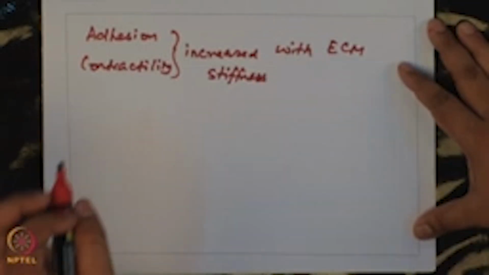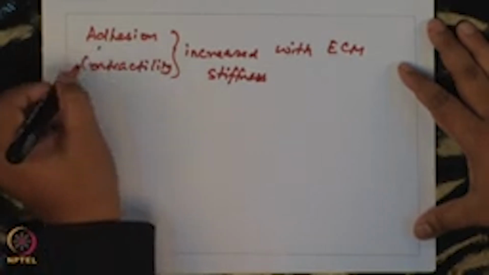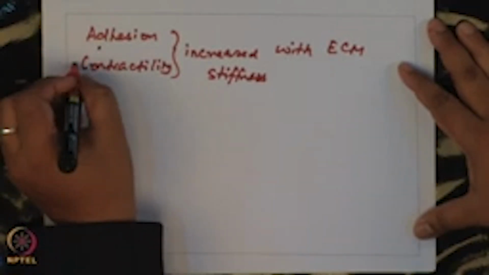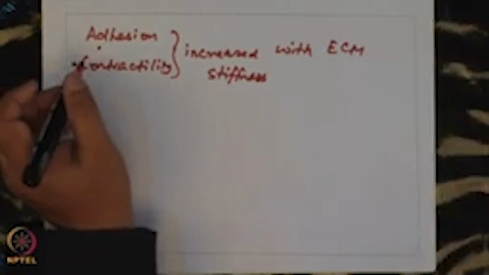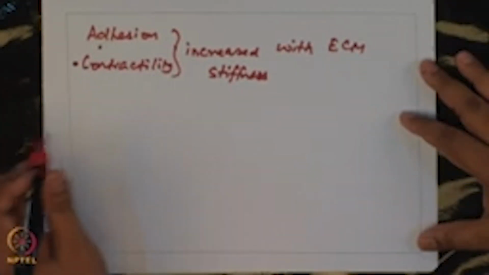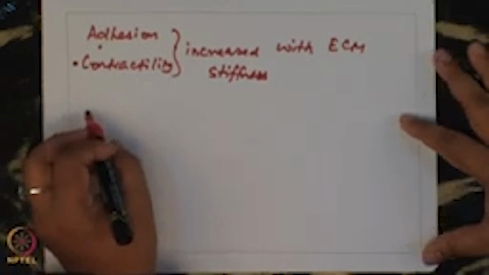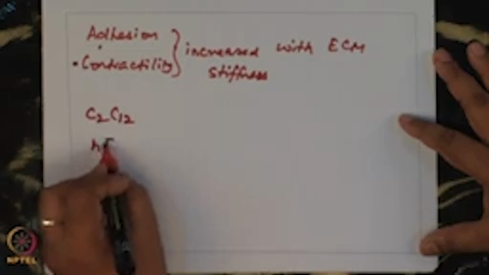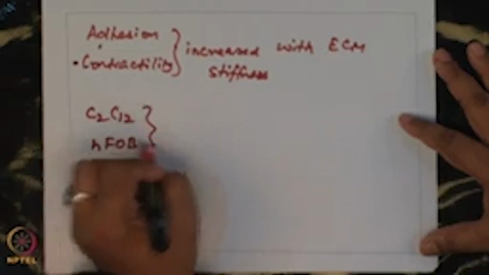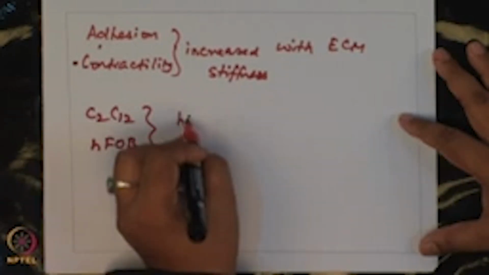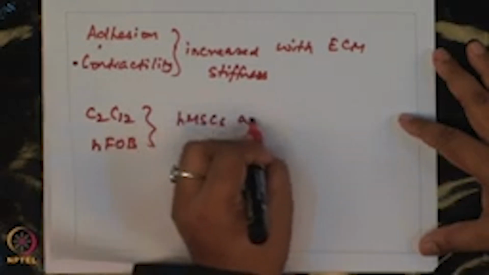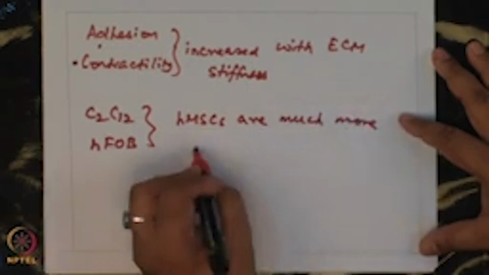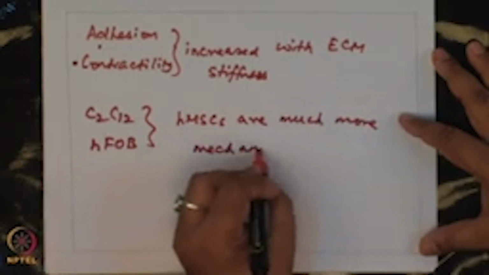So, you see stronger adhesions, and stronger adhesions are required to stabilize stronger contractile forces exerted by the cells. The authors also observed that, in comparison to mature cells like C2C12, which are muscle cells, or HFOB, which are osteoblasts, stem cells, HMSCs, are much more mechanosensitive.